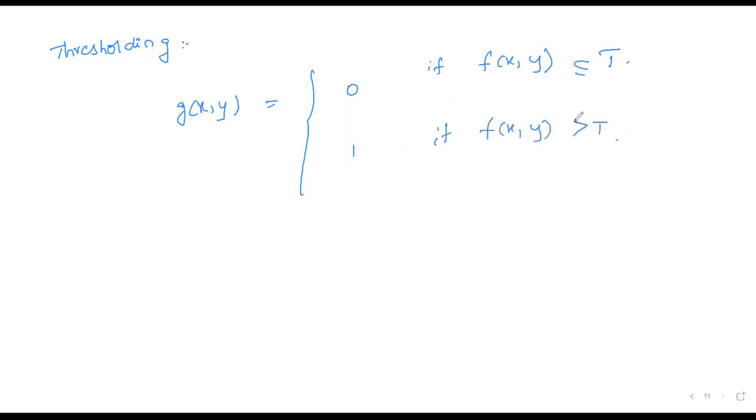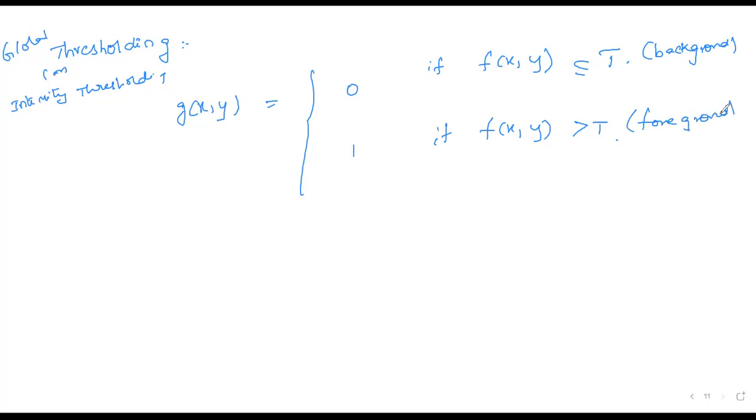This is basic intensity thresholding or global thresholding. 0 is called background point, 1 is foreground.